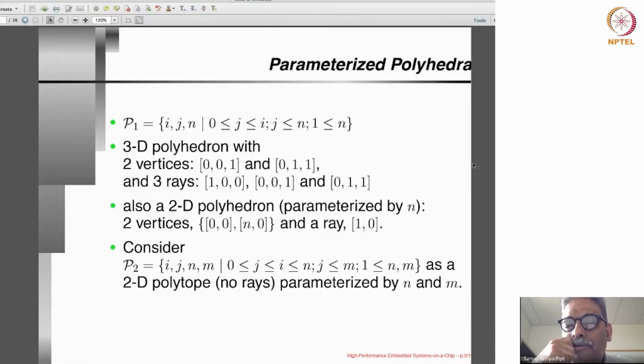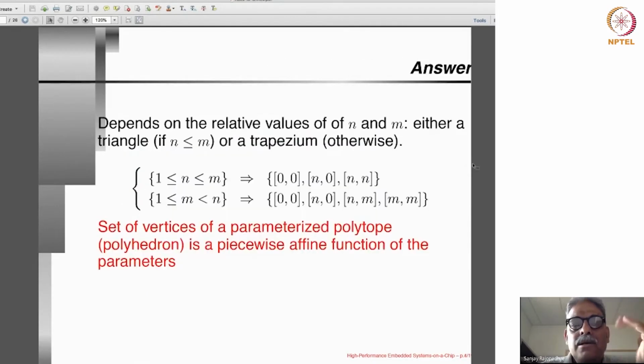But what if m is less than n? Then it becomes a trapezoid. It's the triangle that is cut at j equals m, that upper bound on j. Okay? The main point I want to make is that its vertices are a piecewise affine function of the parameters. And this intuition is very, very important.